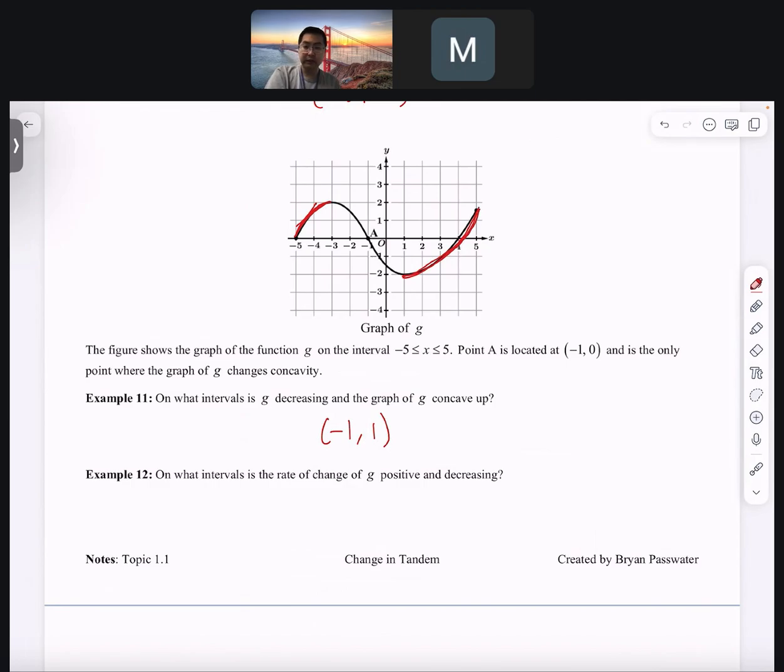Now, amongst these two, which one is the rate of change of g decreasing? The rate of change of g decreasing, not the graph of g is decreasing, the rate of change of g is decreasing, which is where it's concave down. It'd be this section. So that would be -5 to -3. And you could put a bracket here too, -5 to -3.